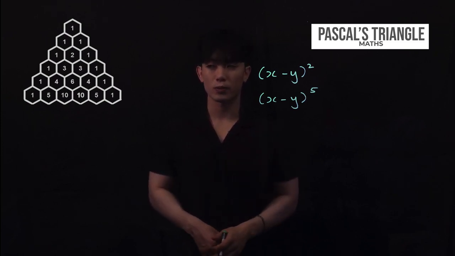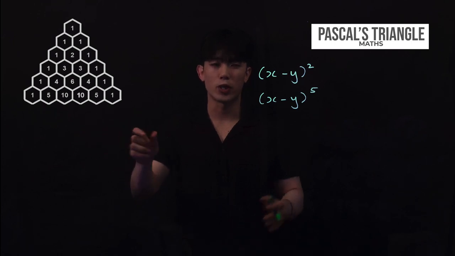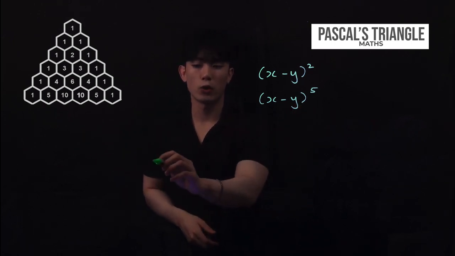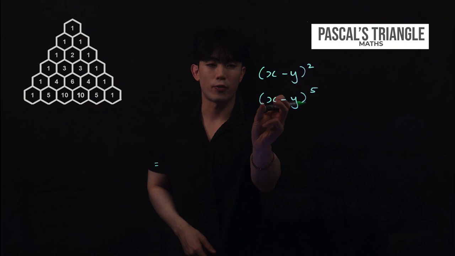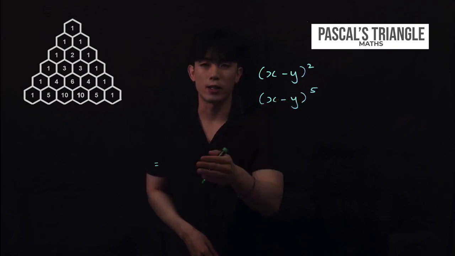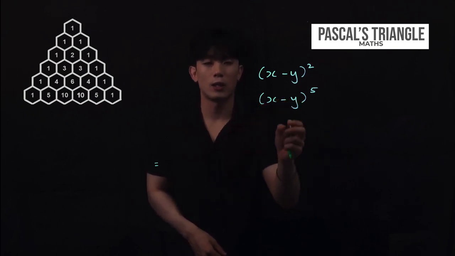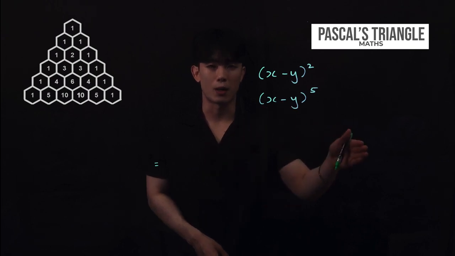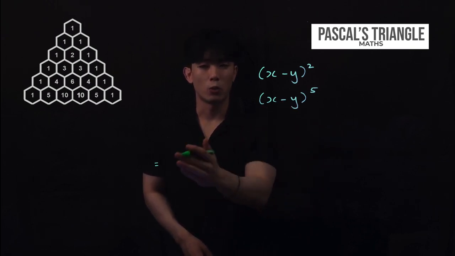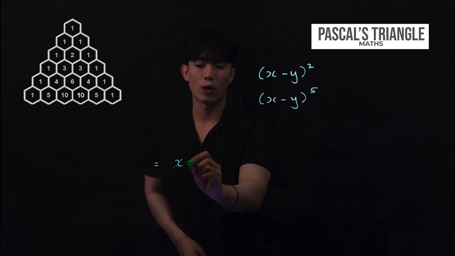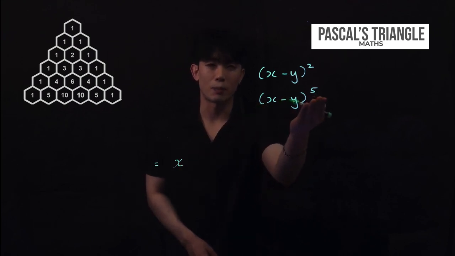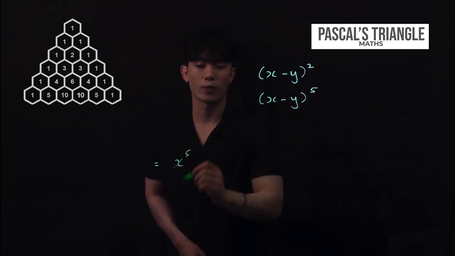Right, first of all, even before using Pascal's triangle, we need to set this up. So what you want to try and imagine is the first value here, this x, is going to decrease in power as we go along, and the second value is going to increase in power. What do I mean by that? Well, the first term is going to be x to the power of, in this case, we're raising it to the power of 5, so to the power of 5.